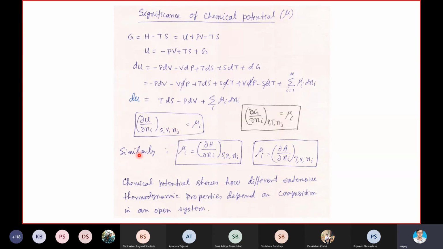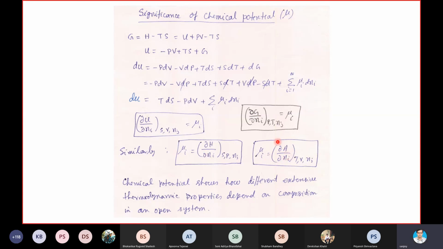Similarly, it can be shown that you can write mu in this way also. With respect to Helmholtz energy, it will again be the change in Helmholtz energy per unit mole of the species, but now at different conditions, constant temperature and volume. You can also write it in terms of enthalpy, at constant entropy and pressure.